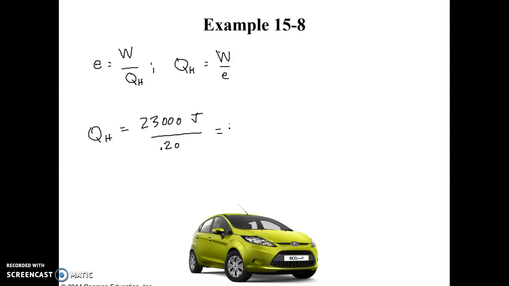That's giving us 1.15 times 10 to the 5th joules. Or we could write that as 115 kilojoules is the high heat that needs to go into this car to make it run at this efficiency level.